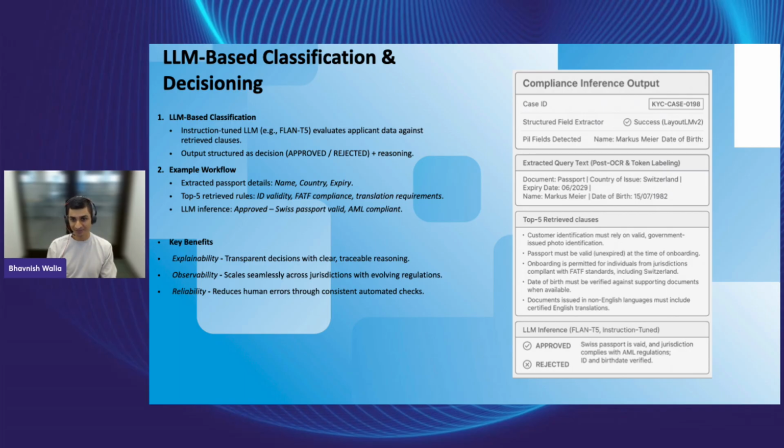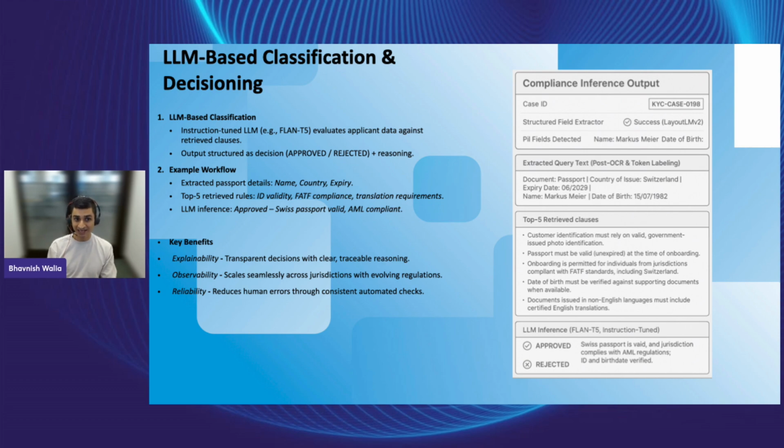So for example, this person's country of issue is Switzerland. It's a passport with an expiration date of 2029. RAG will extract all the relevant queries that it thinks, and then the cross-encoder is going to rank these queries. So "customer identification must rely on valid government-issued photo identification" is the query that's going to be pulled.